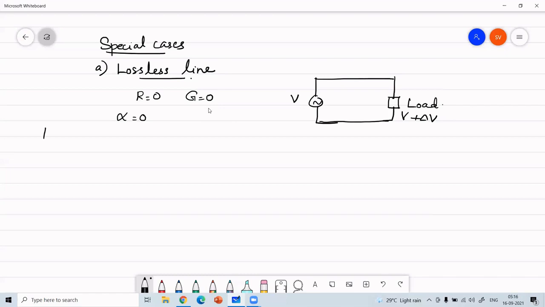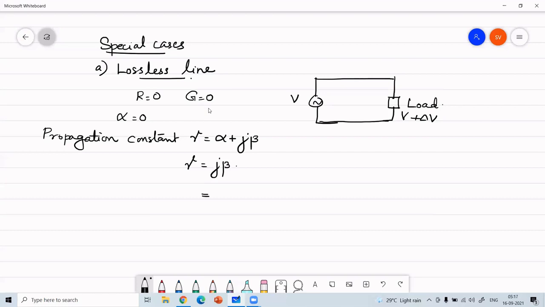So we can write the propagation constant gamma equal to alpha plus j beta. Here alpha is 0, so gamma can be written as j beta.